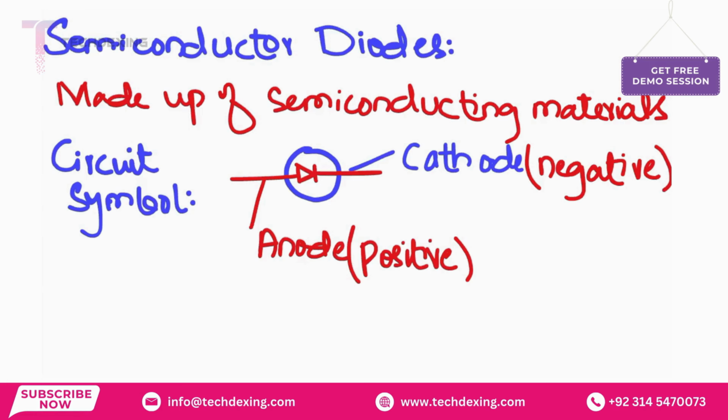So for a semiconductor diode, the front portion is considered the cathode, and the backward portion is considered the anode. Got it?